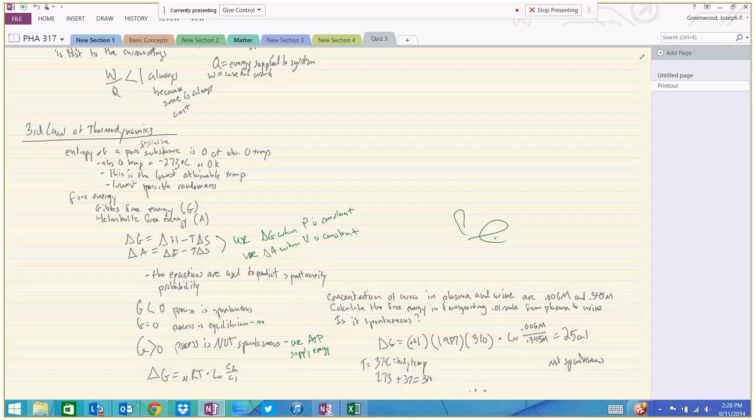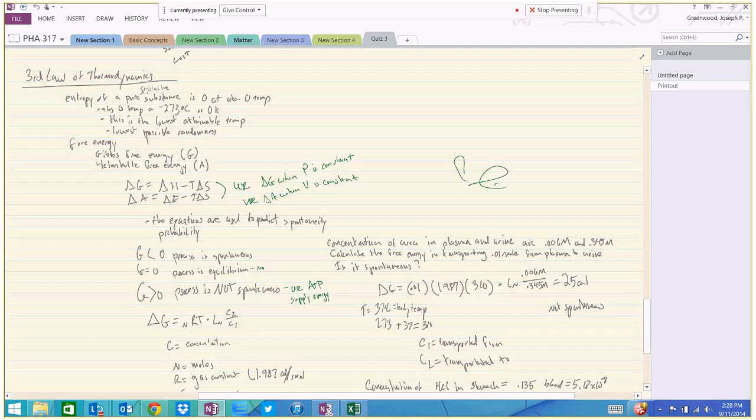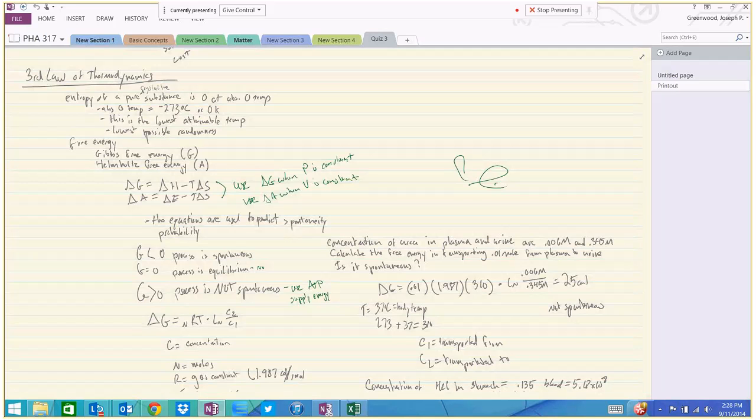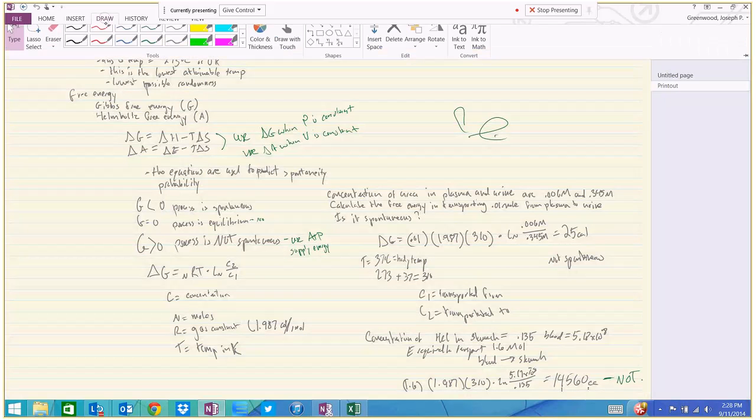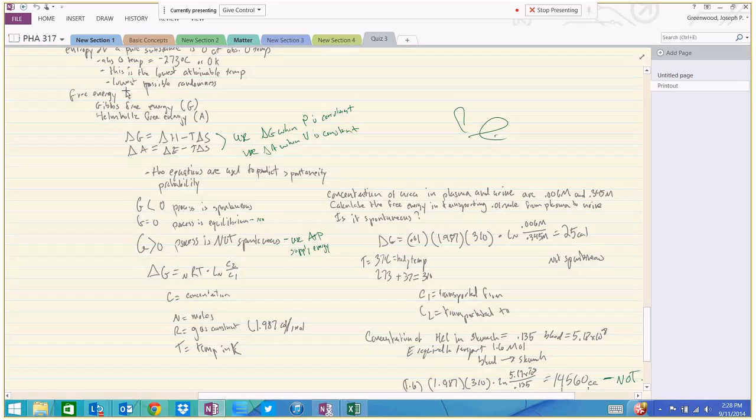The delta G equation, or the Gibbs free energy equation, is shown here, and down here as an actual problem being worked out.